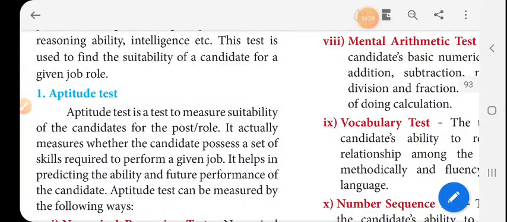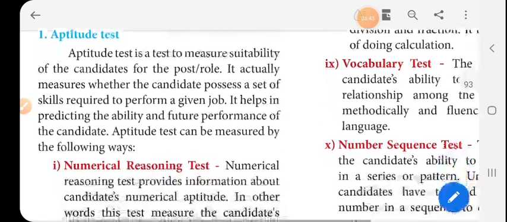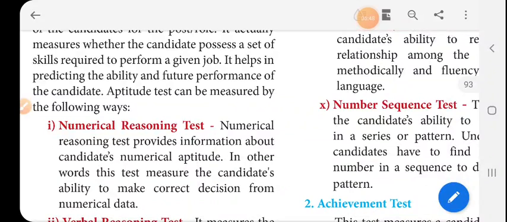If you want to select one candidate, that candidate must be suitable for the particular post. In order to check their suitability, they conduct an aptitude test. It helps in predicting the ability and future performance of the candidate. So, the aptitude test can be measured in the following ways. First one, numerical reasoning test.